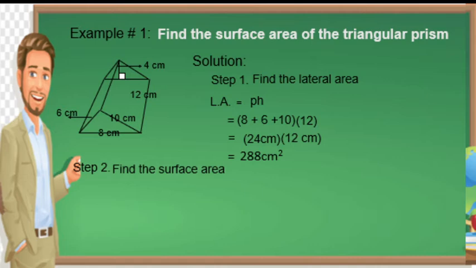And how to get the surface area? That is equals to the lateral area plus 2 times the area of the base. So that is equals to the LA plus the formula of the triangle, that is 2 times 1/2 times base times height.